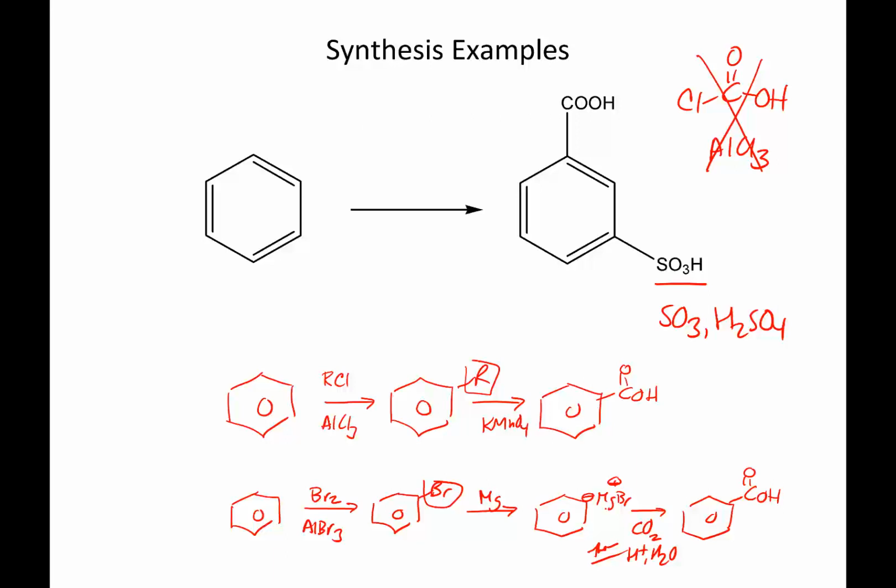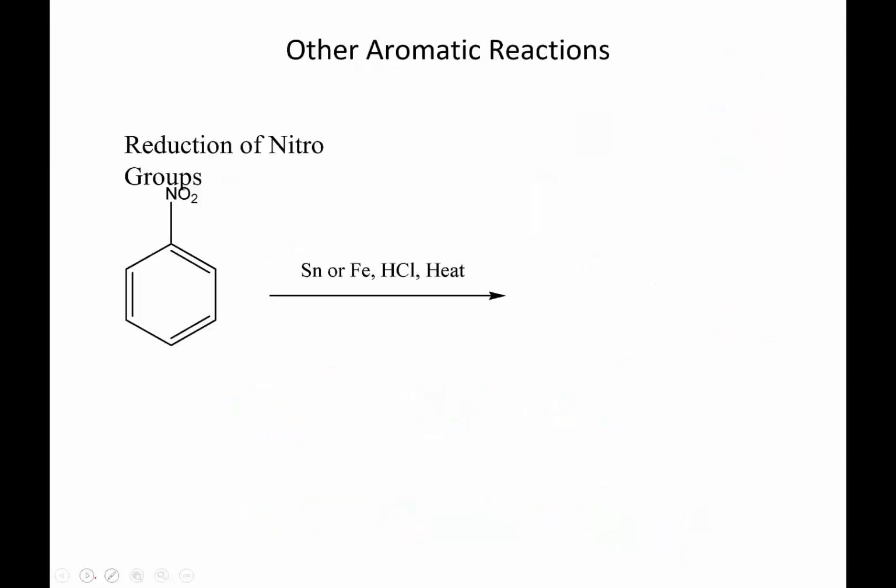Right, so here's how to add a carboxylic acid. Now the other reactions that we can do are to convert some groups into other things on the ring.